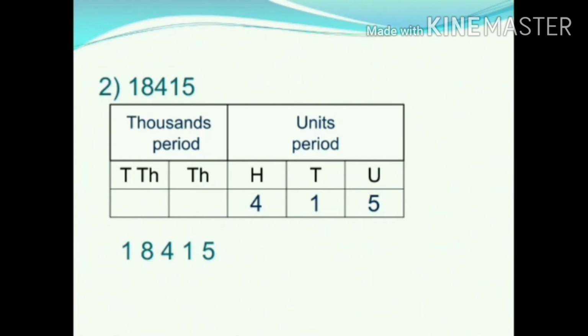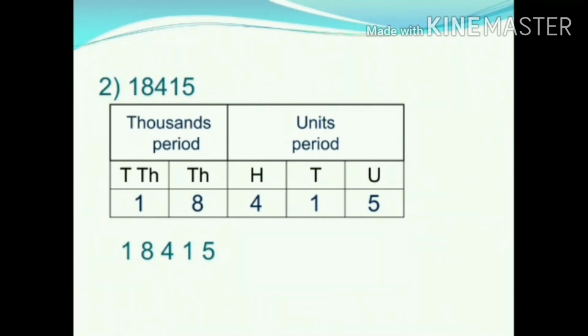So we should write 8 in the thousands place. Next the fifth number is 1. Which is the fifth place? From right to left, yes, the fifth place is 10,000. So we should write 1 in the 10,000s place.